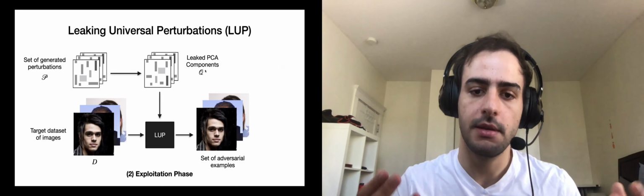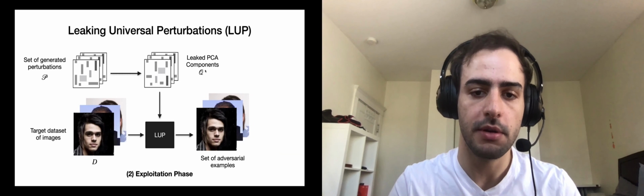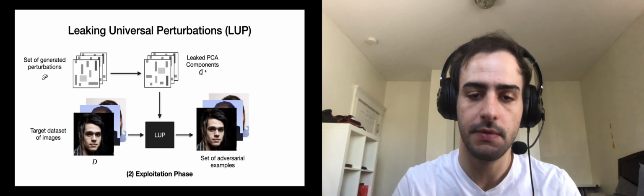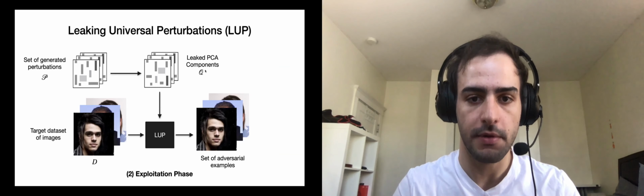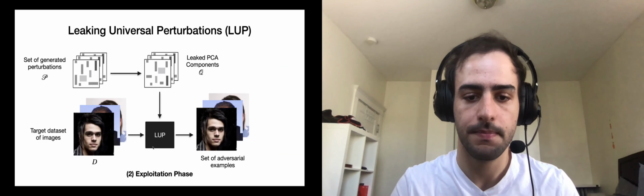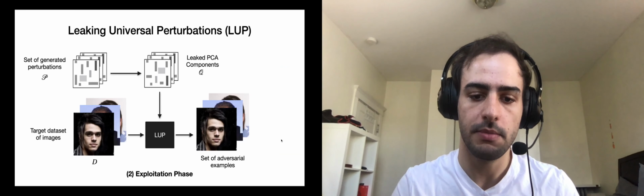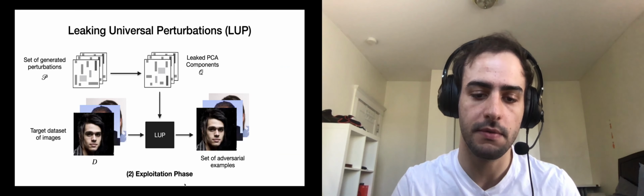What we find in the experiment section is that the attacks are more efficient, and we can get attacks in as few as 10 queries to the model for a lot of the images in our target data set. This is leaking universal perturbations, and this is the exploitation phase of our algorithm.